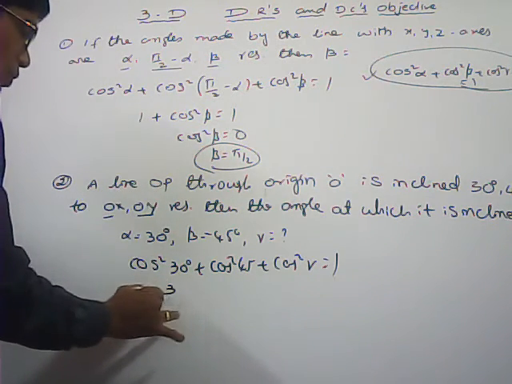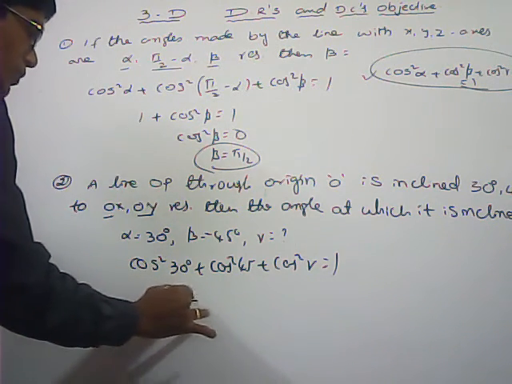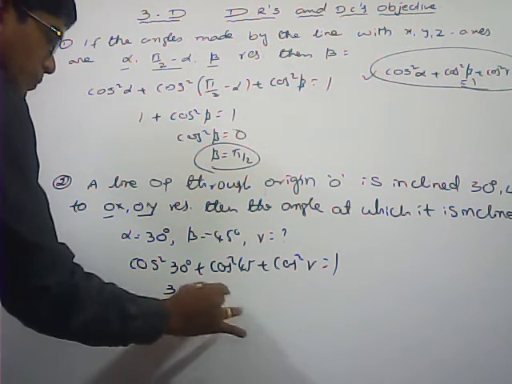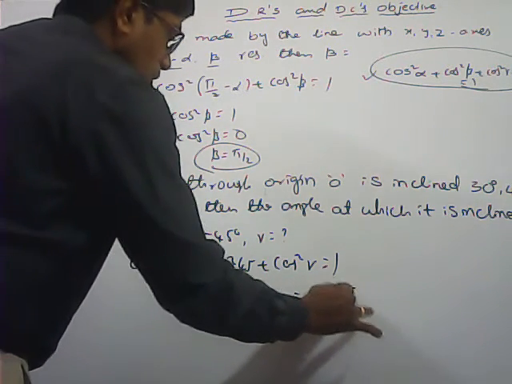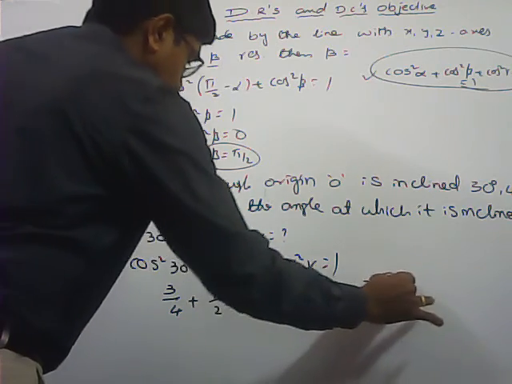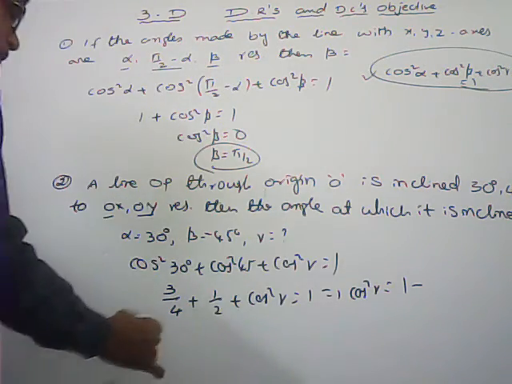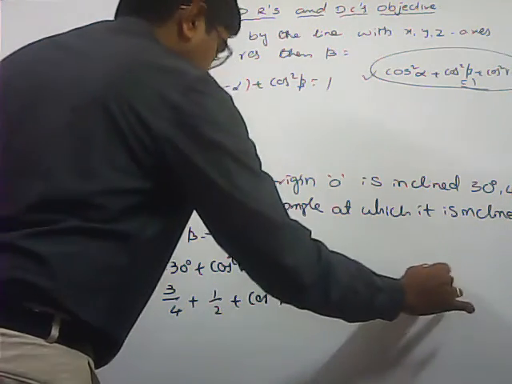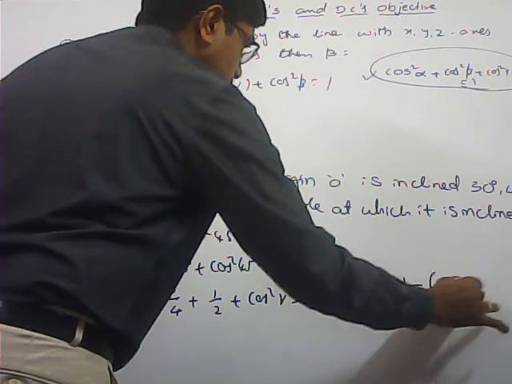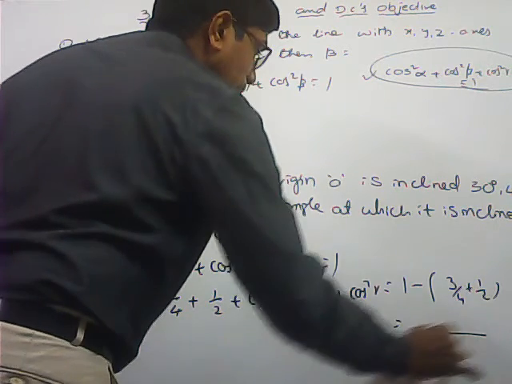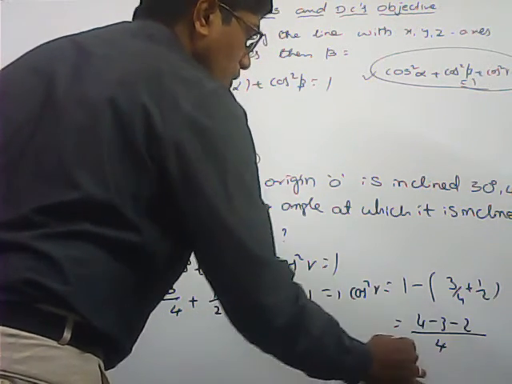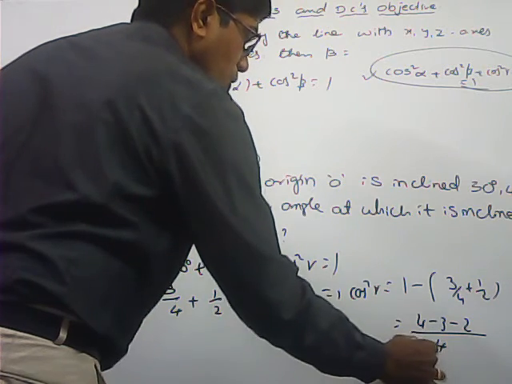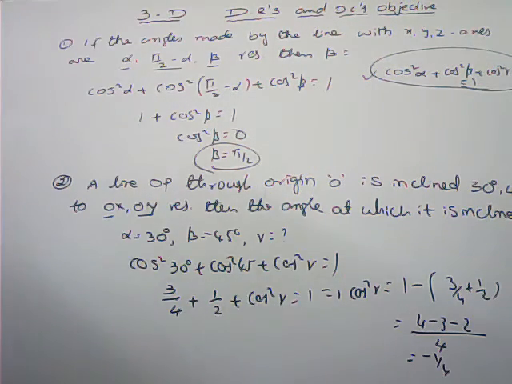This is root 3 by 2 whole square, 3 by 4, and 1 by root 2 whole square, 1 by 2, plus cos square gamma is equal to 1. Cos square gamma is equal to 1 minus 3 by 4 plus 1 by 2. If I take the LCM, 4 minus 3 minus 2, how much are we getting here? Minus 1 by 4.